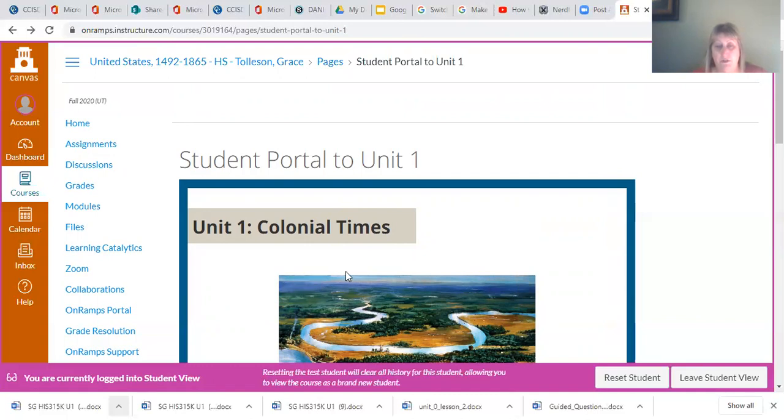I talked about what you need to do at home: the reading, working on the study guide, your journal entries. When we get going into these units, starting with Unit 1, every day during class, or every day for those of you who are at home, there will be an assignment to go along with the unit for you to complete.